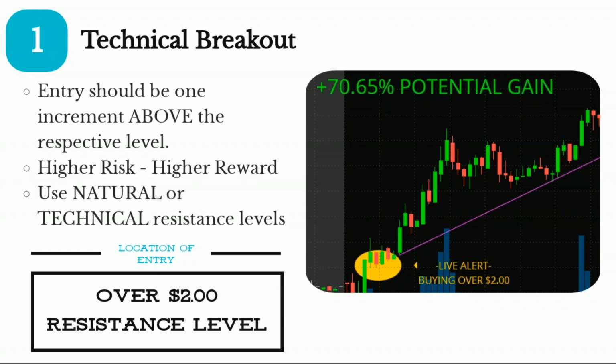Now with a technical breakout, you have a higher risk, but you have a higher reward ratio. What I mean by that is when you set your price targets and stop losses, which we'll go over later in the presentation, you want to have a certain ratio.